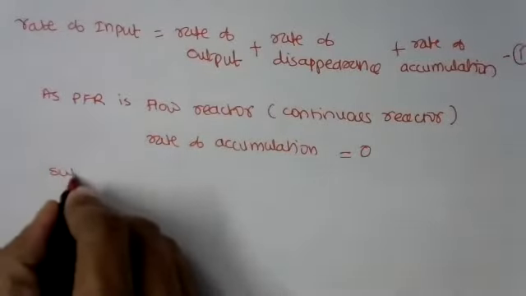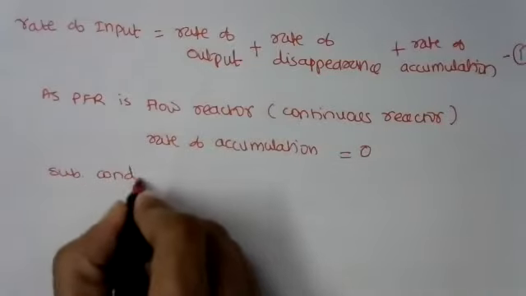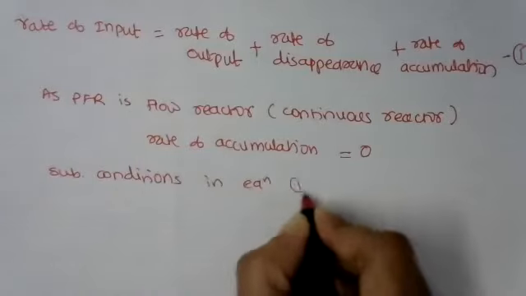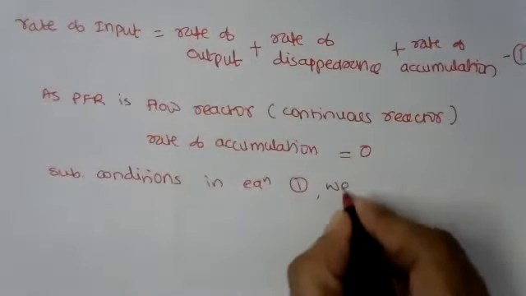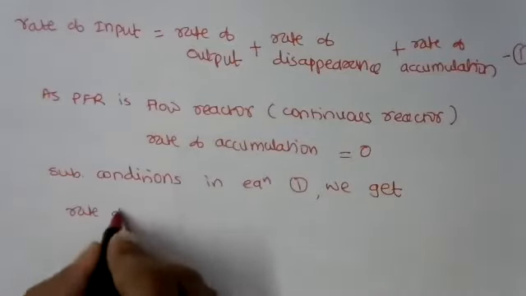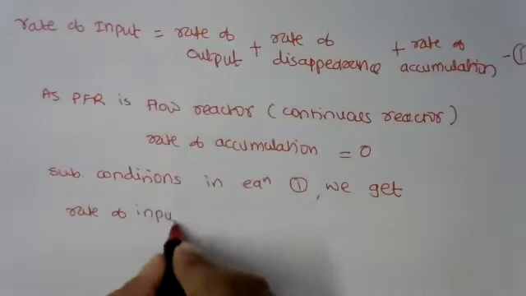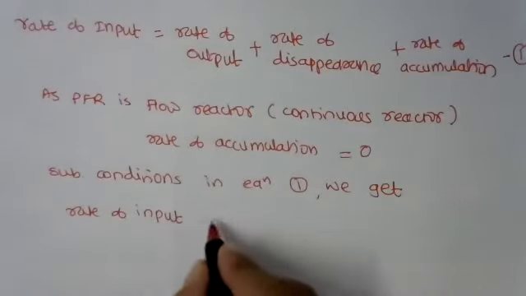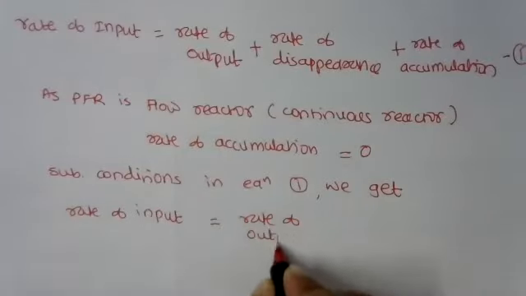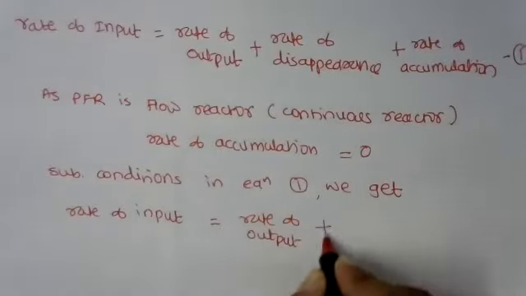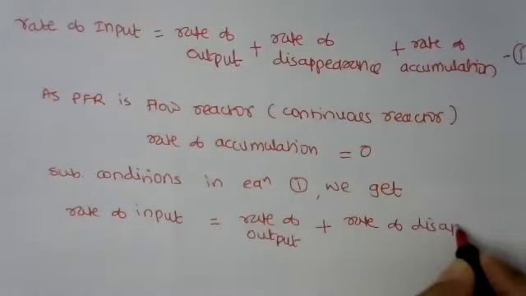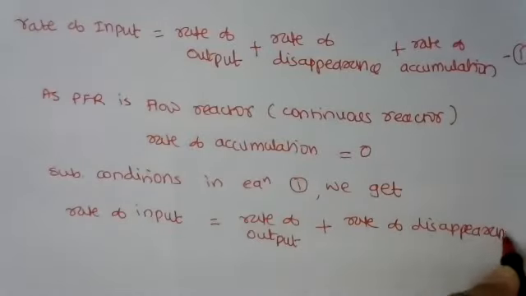So, substituting conditions in equation 1, we get rate of input is equal to rate of output plus rate of disappearance.